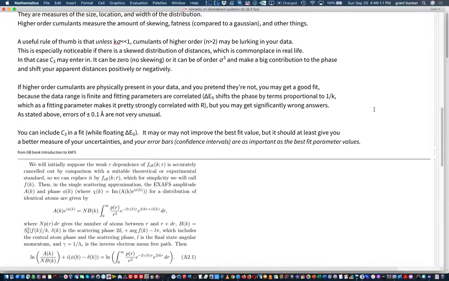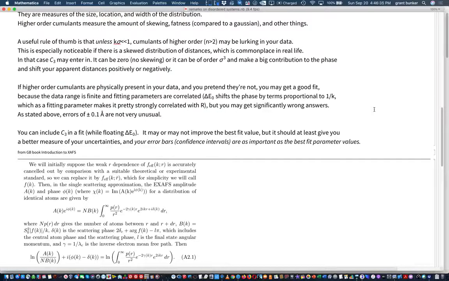And you also may be shifting E0, which in effect adds a 1 over k term. So because of the parameter correlation, suppose you have a C3 that's physically present in your data, what it will tend to do is shift the average slope of the phase, which shifts the apparent distance.